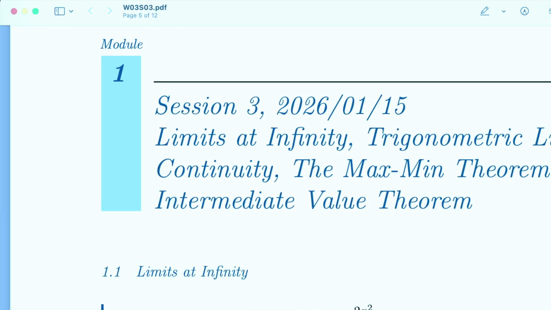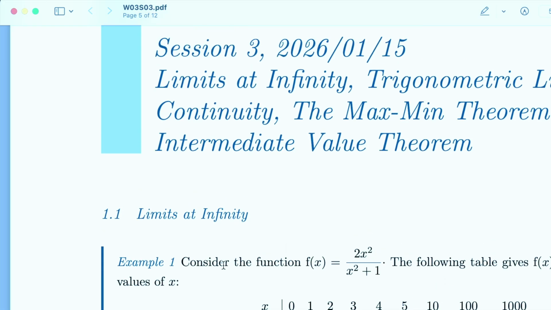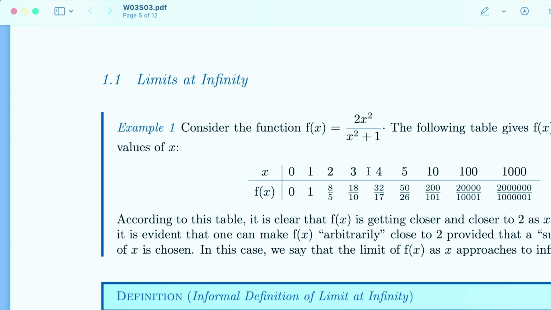So as you see, this time we learned about the limits whose answer is plus or minus infinity, but this time we want to send x itself to infinity, either plus infinity or minus infinity, okay? So for example, consider this function here. I have calculated the value of the function for some values of x. When you choose x to be 0, f of x is 0.